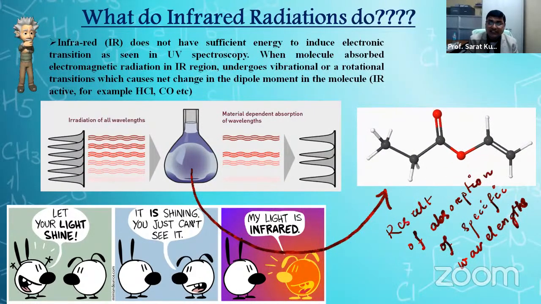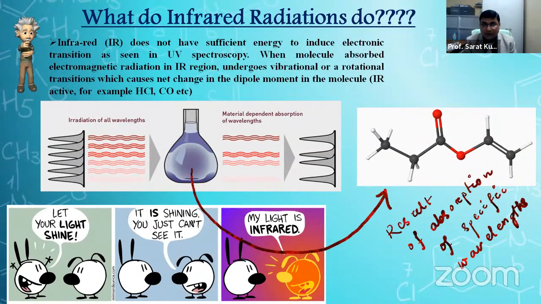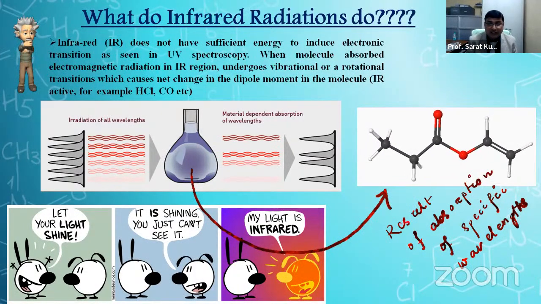The absorption frequency of this C double bond O in aldehyde is different from ketone, different from acid, different from acid derivatives. Even more surprisingly, within aldehydes, in formaldehyde and acetaldehyde, the C double bond O is different.